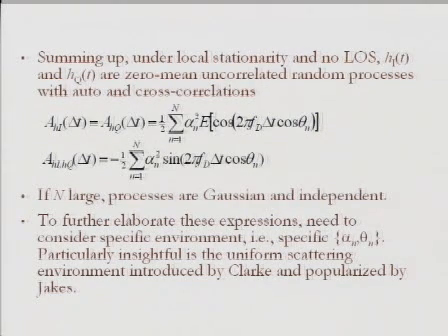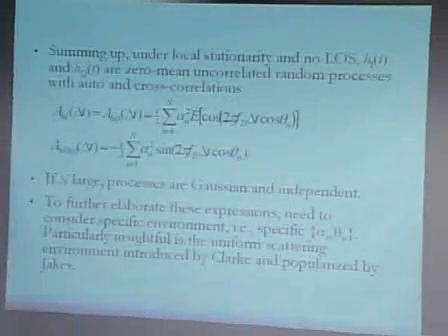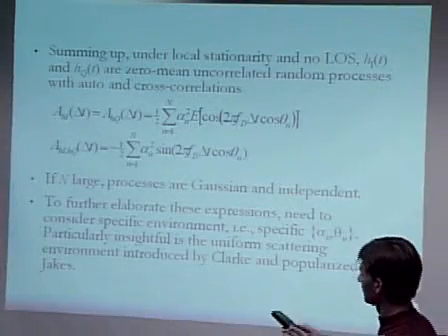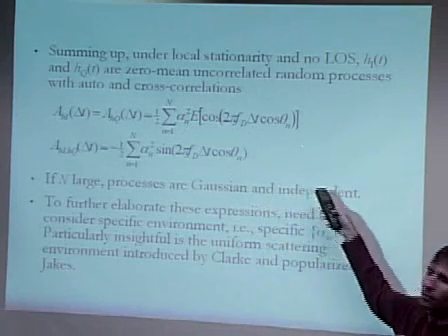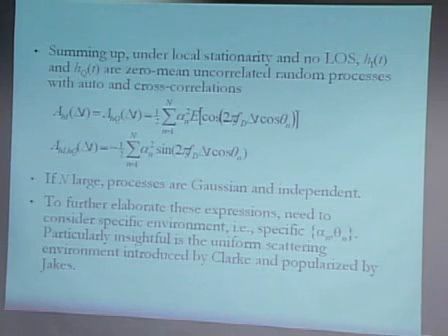And we've seen that the, and I apologize because this expectation shouldn't be here. So this is a typo. There should be no expectations here. There should be just alpha n squared times the cosine. So please correct that.